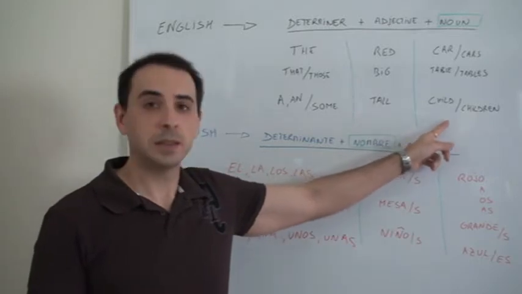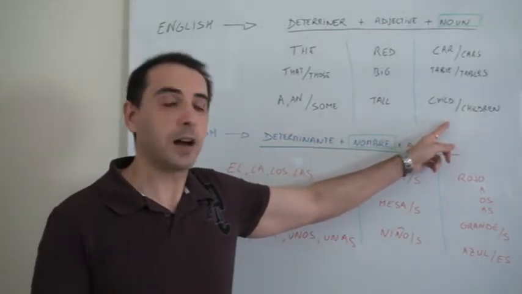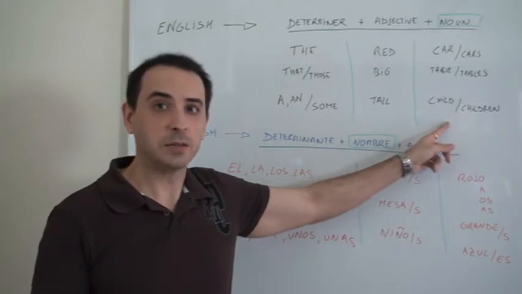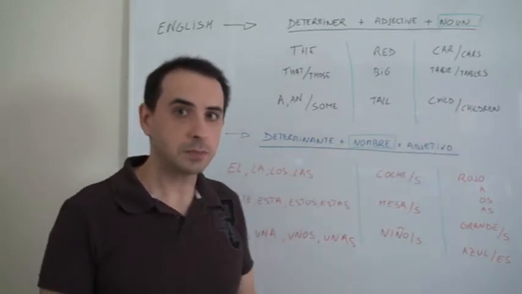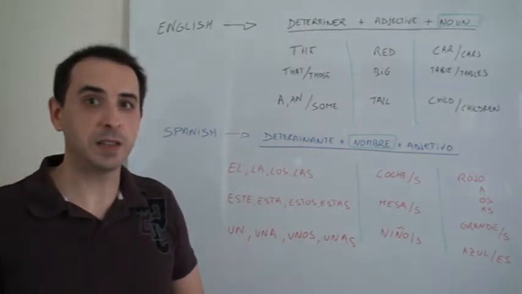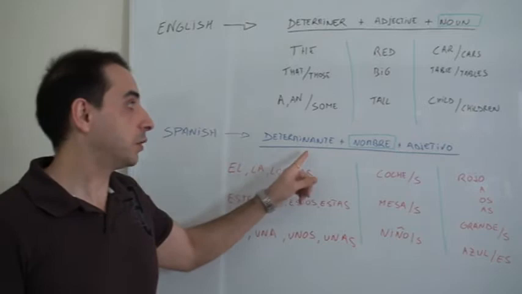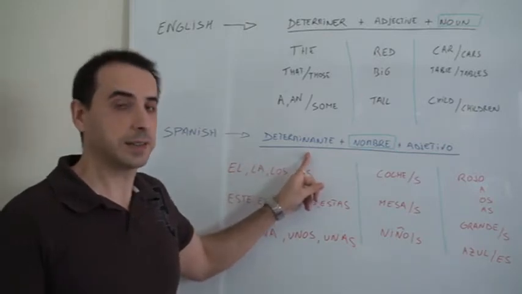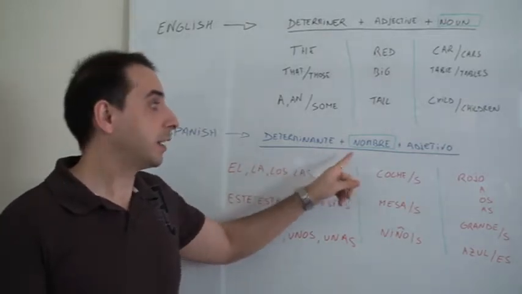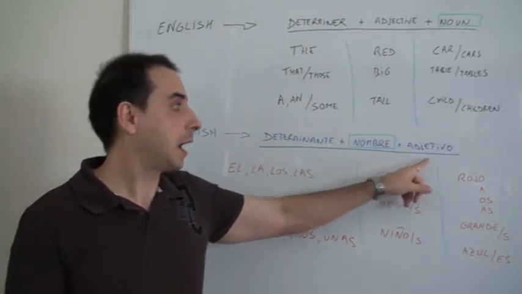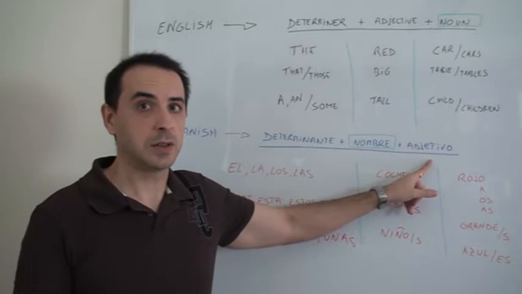And then the noun: car, table, child, children, cars. Okay, in Spanish the order is going to change. First we are going to say the determiner, determinante, then we are going to say the noun, nombre, and then the adjective, adjetivo.